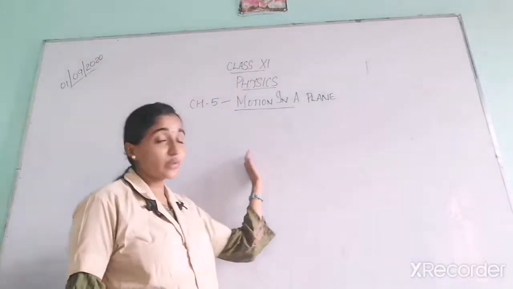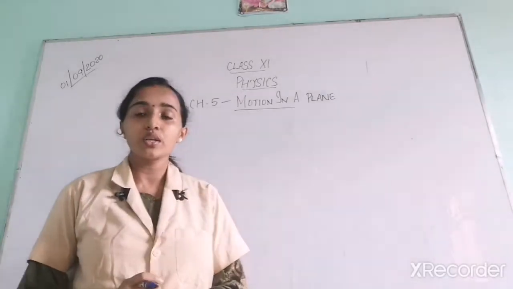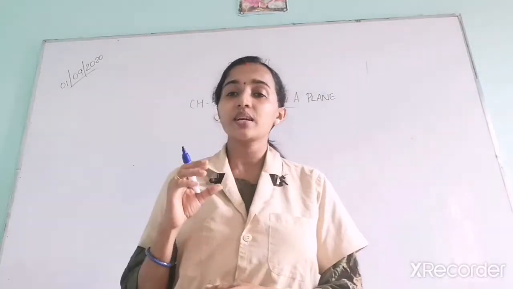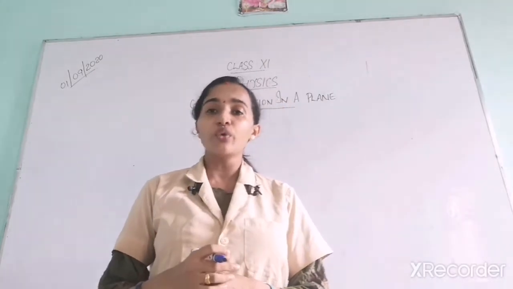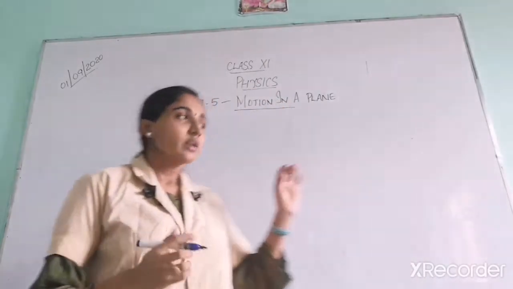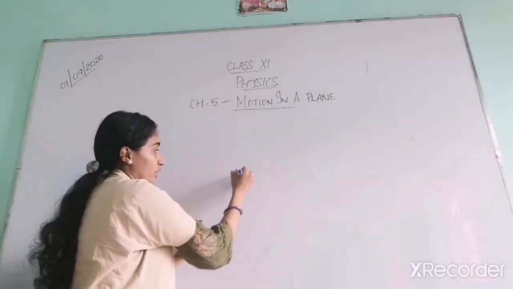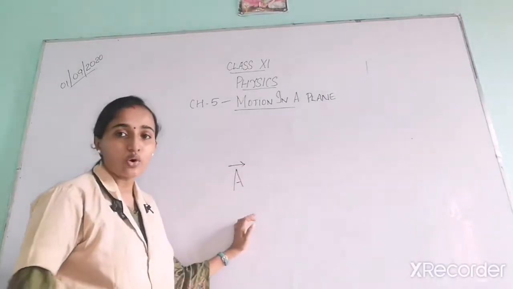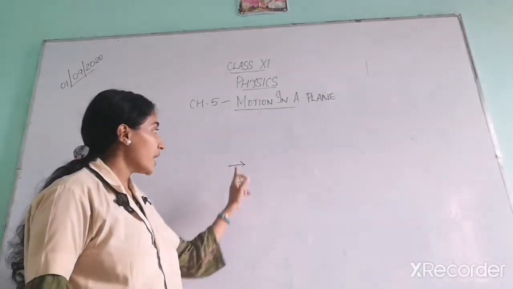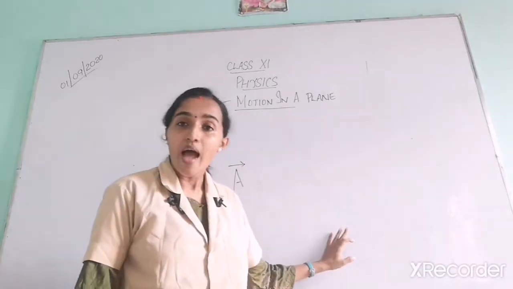Now to start with the vector quantity, first we are going to learn how we represent a vector quantity, or what notation we give for a vector quantity. Let's suppose A is a vector quantity. If it is a vector quantity, we represent it as A, above which we give an arrow mark.